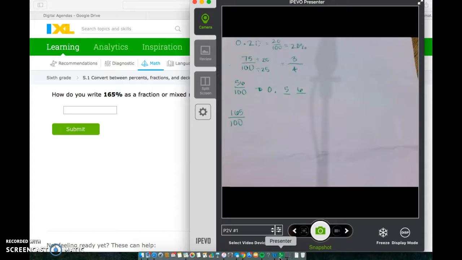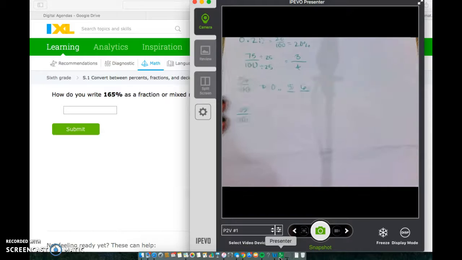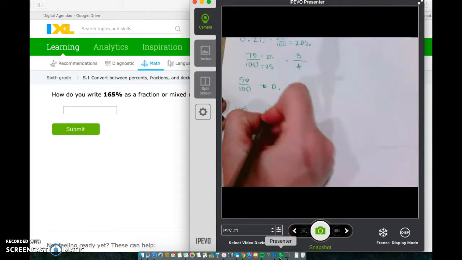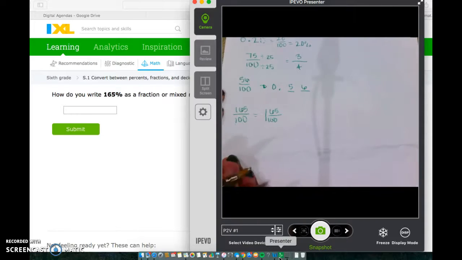We know that percents are always out of 100. So first, let's change this improper fraction, because it has a numerator that's greater than the denominator, to a mixed number. I know 100 goes into 165 one whole time, and then I have 65 left over. It still takes 100 to make one whole.